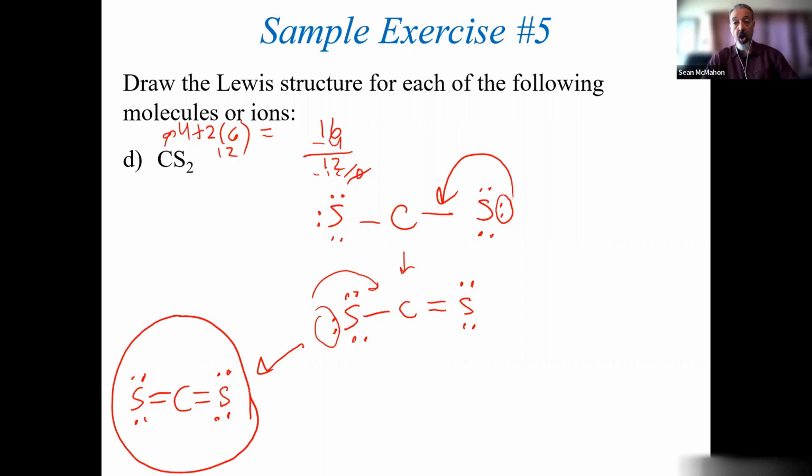You could draw a Lewis dot structure, which is valid, by instead of removing it from the other sulfur, in theory, you could draw it, and this is not correct, but I'm going to show it to you because it's still a valid Lewis dot structure. I could have moved that there and I would have gotten this.